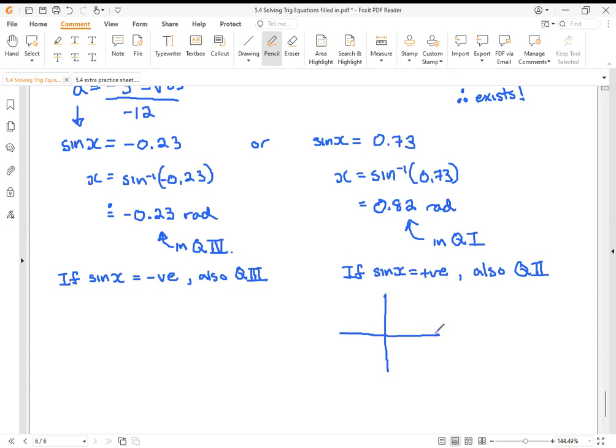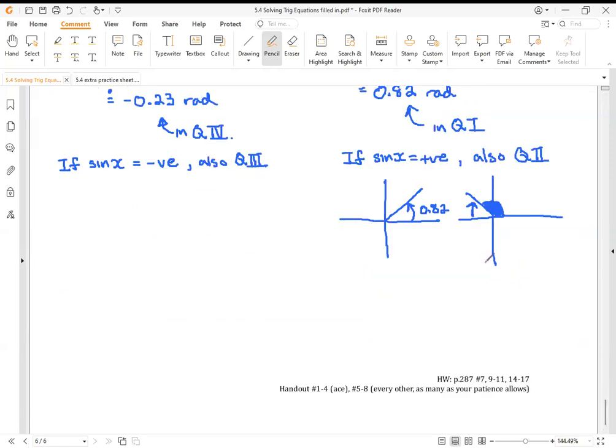Well, if this angle happens to be 0.82, by the CAST rule, what is this angle? How do I calculate this angle if my acute angle here is 0.82?